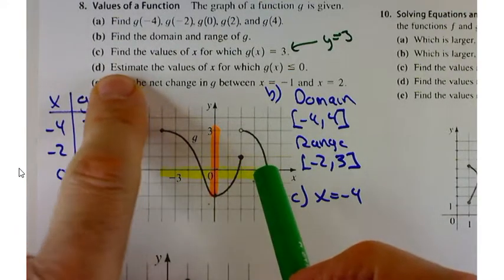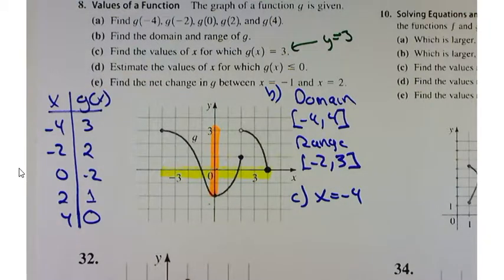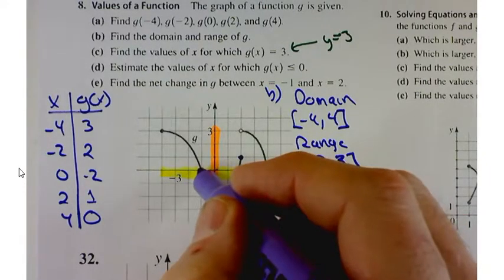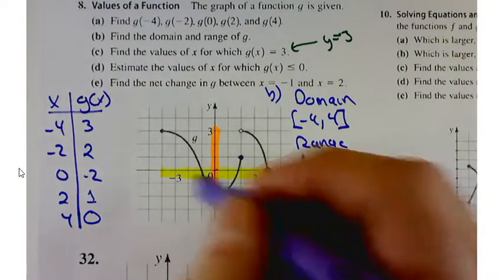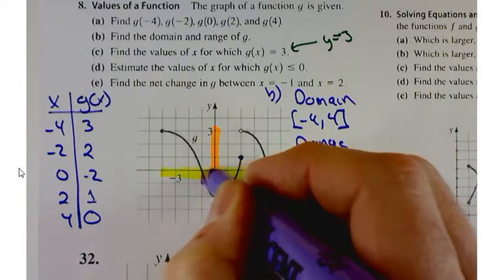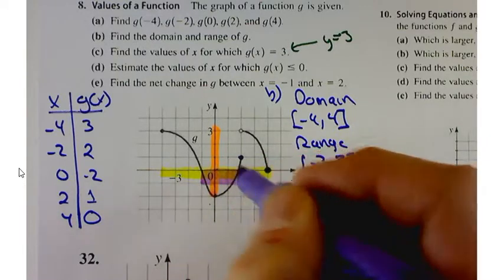Let's try some more here. Estimate the values for which g of x is less than or equal to 0. All right. Well, that's going to be starting here where this graph dips below the x-axis. So about there.